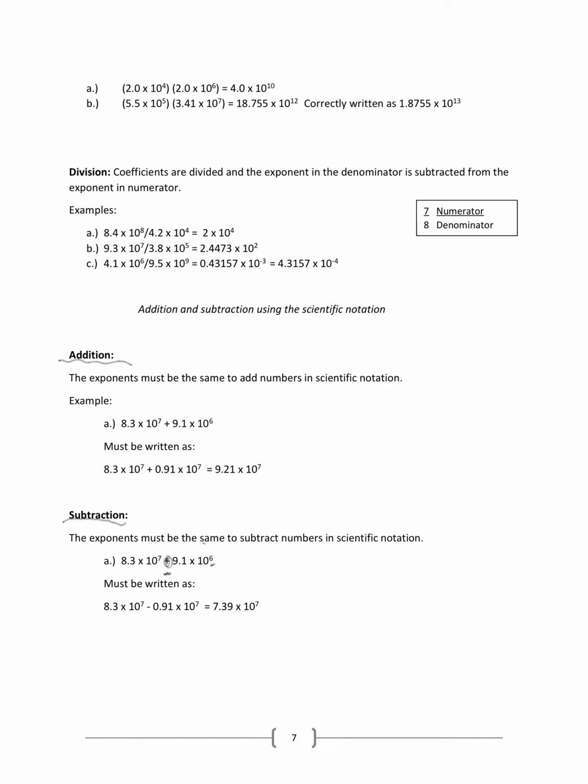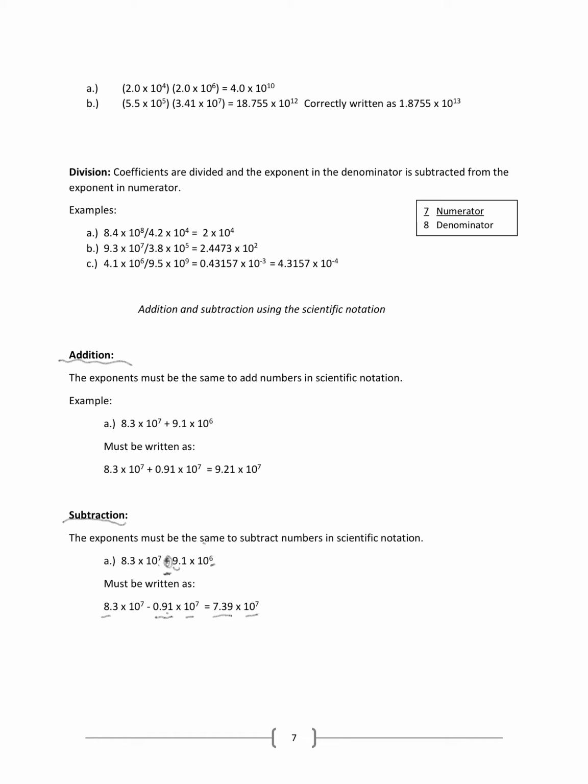This is 6 and this is 7. So I'm going to make them both 7. By doing that, I would move the decimal place one place to the left, which gives me 0.91 times 10 to the 7th.